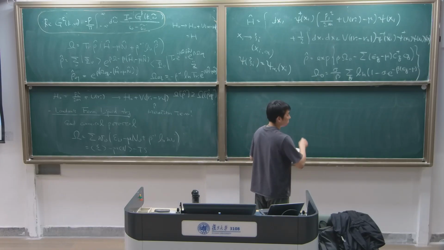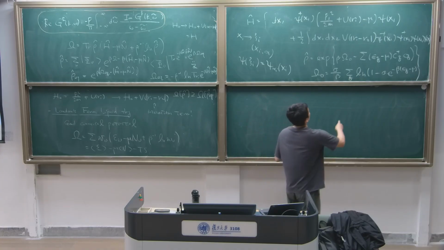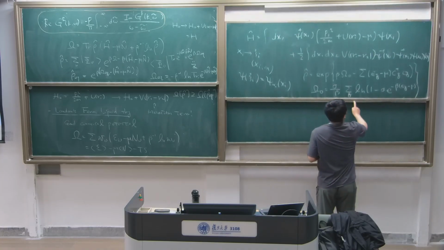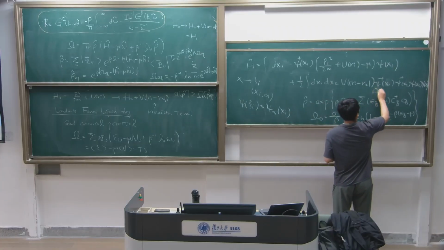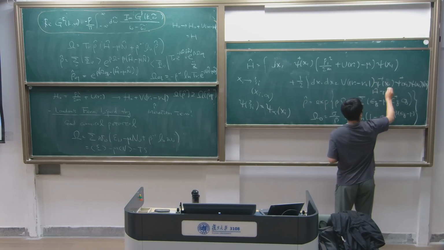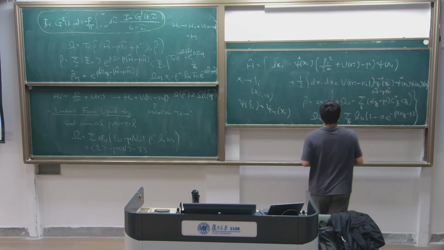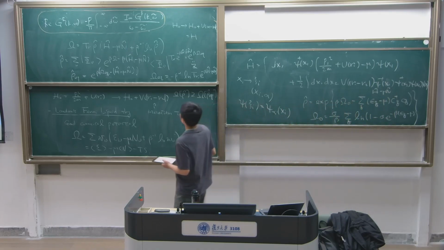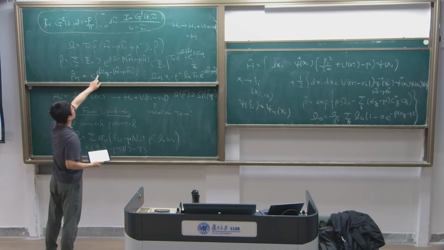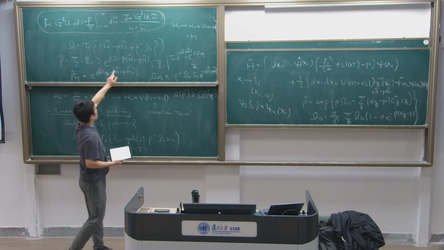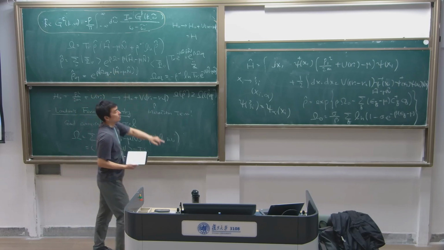Recall that here what you have is essentially H hat minus mu N hat. So rho hat is e to the beta omega minus H hat plus mu N hat.